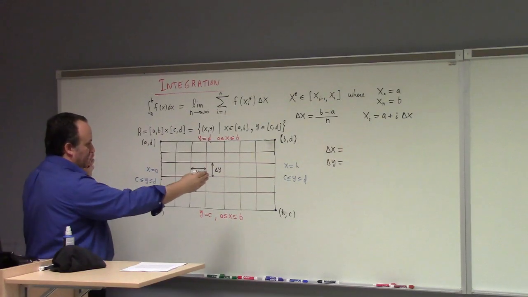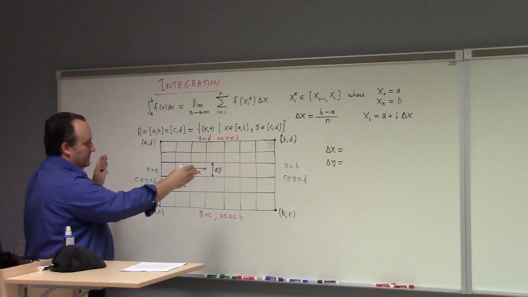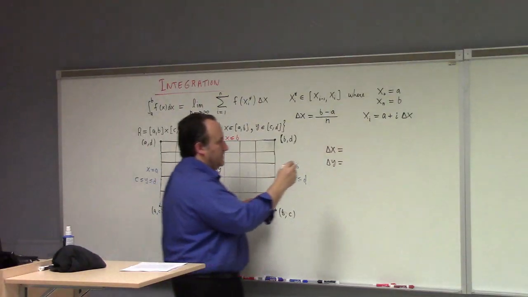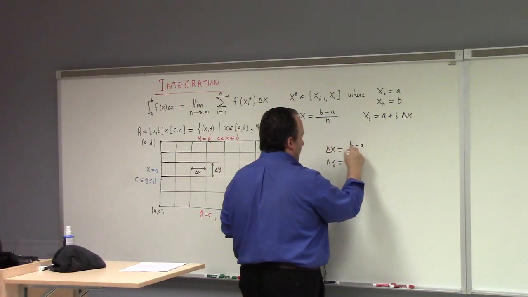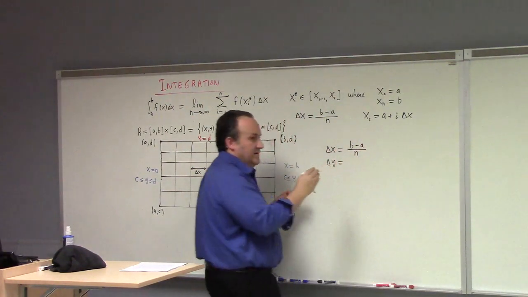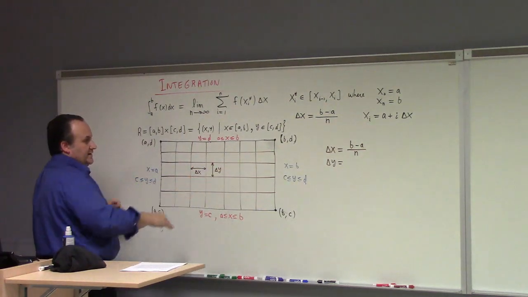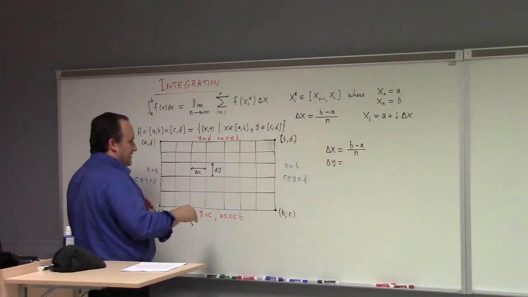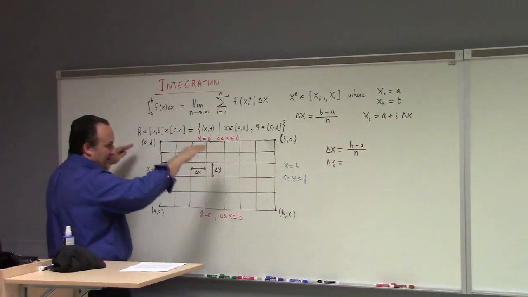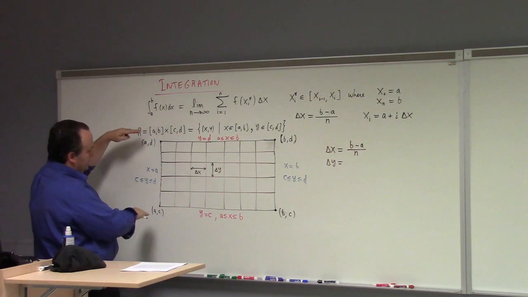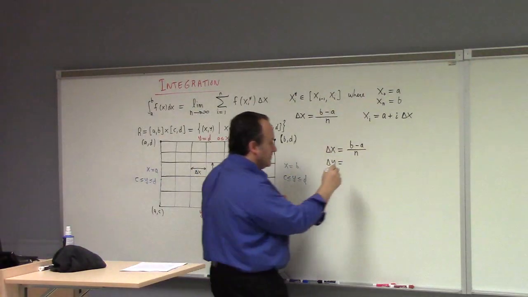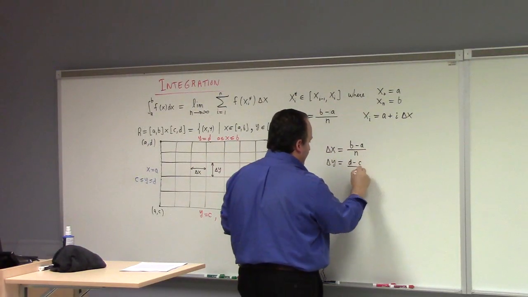So delta x, I take b minus a, and I'm going to divide by n. I'm going to suppose we have n boxes going horizontally. And I'm also going to assume we have m. So n is in nanu, m as in mommy. So that delta y is d minus c over m, right?